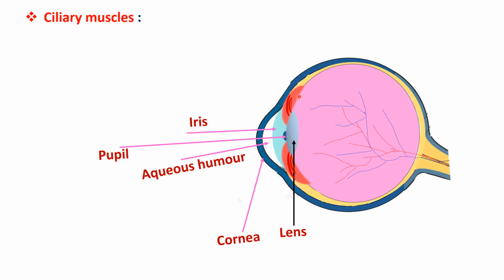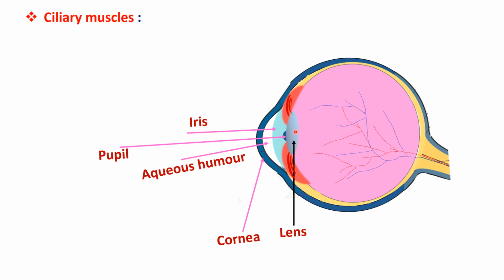So the ciliary muscles are responsible in accommodation of the lens. Accommodation of the lens means the lens has to change its focal length depending upon the position of the object kept in front of it, isn't it? So the lens has to change its focal length.